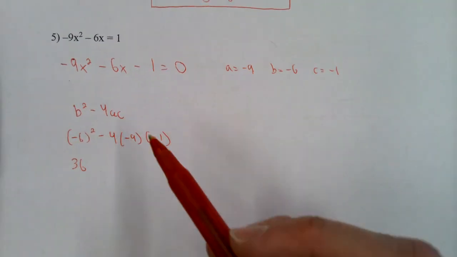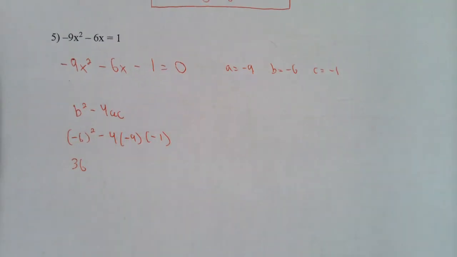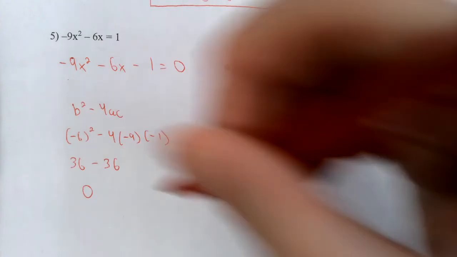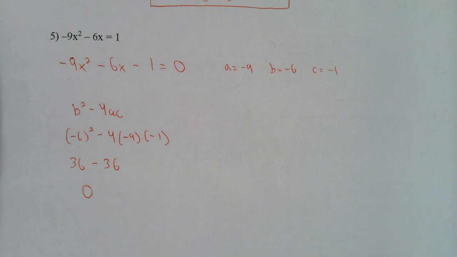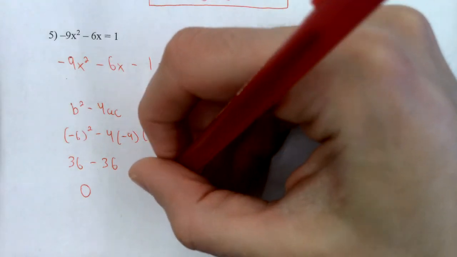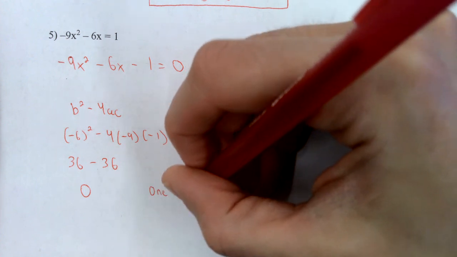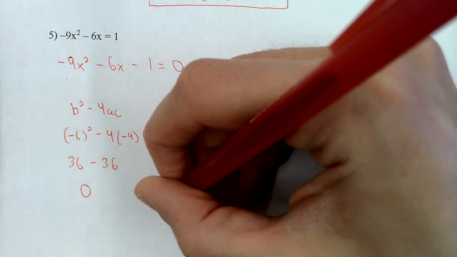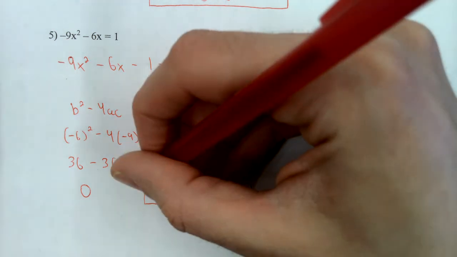Negative 4 times negative 9 times negative 1 is going to be minus 36, which will give you 0. Anytime it's equal to 0, it means there's one real solution. Because if you do plus and minus the square root of 0, it's the same answer each way. So it's one real solution.